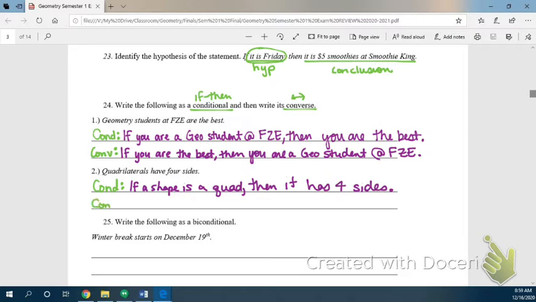For the converse, you have if a shape has 4 sides, then it is a quadrilateral.